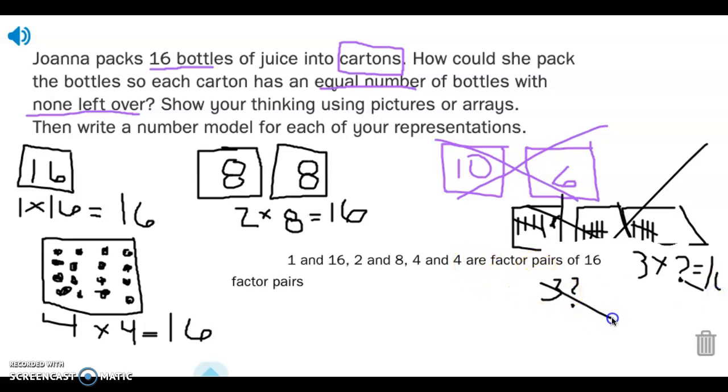So 3 is not a factor of 16 because you can't multiply any whole number times 3 to get 16. So 1 and 16, 2 and 8, 4 and 4 are factor pairs of 16. We can have factor pairs for any number, but today we were working with 16. And now when you turn to journal page 259, we'll learn about some more factor pairs. Okay, see ya.